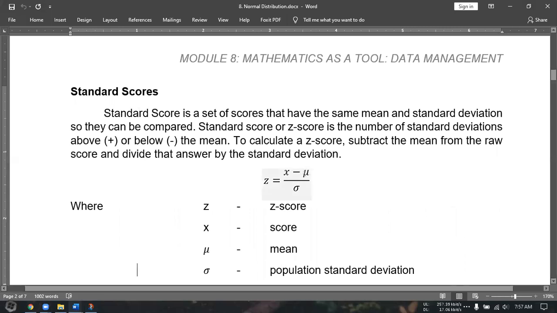Alright, this time we won't be using the symbol x bar for the mean. If you remember, our symbols for the measures of central tendency are x bar, x tilde, x caret, and so on. We have different symbols depending on where we draw these measures from.